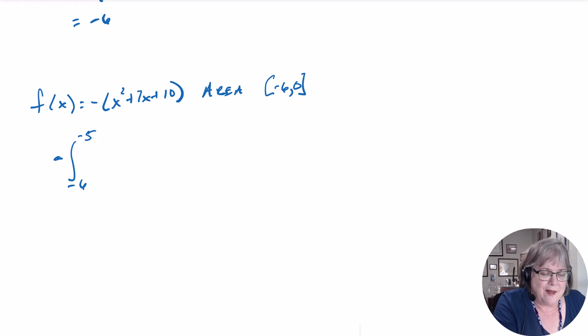All right, so this is where it gets crazy. This negative is because I'm trying to compensate for the fact that it's going to compute a negative area. This negative is the negative that was given to me.